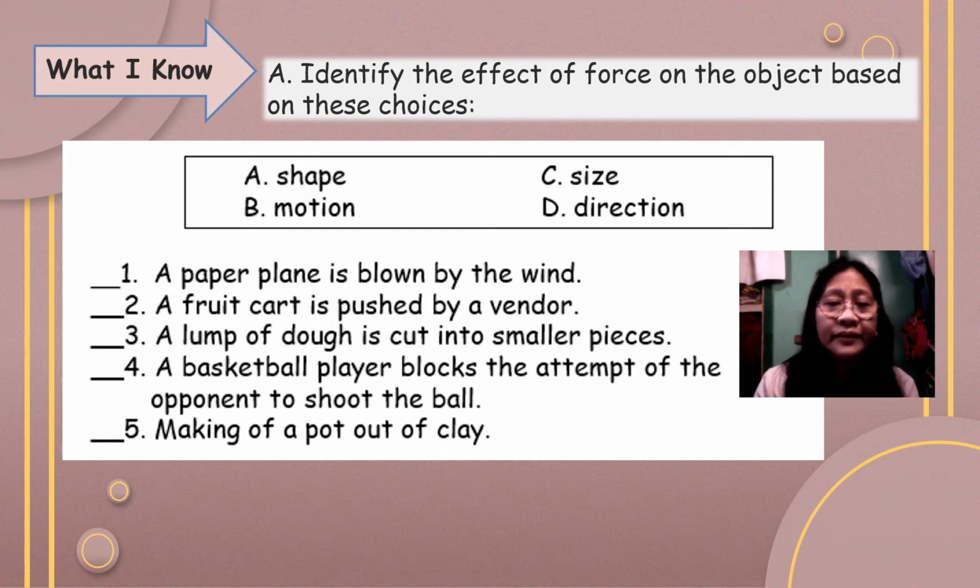Item number 1. A paper plane is blown by the wind. So what is the effect of the wind to the paper plane?